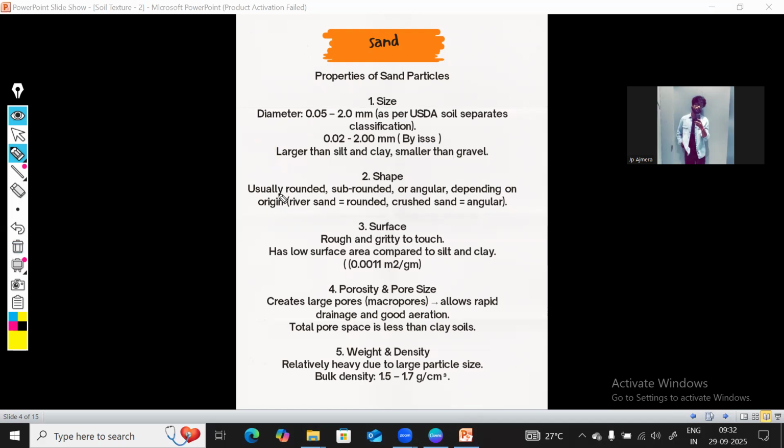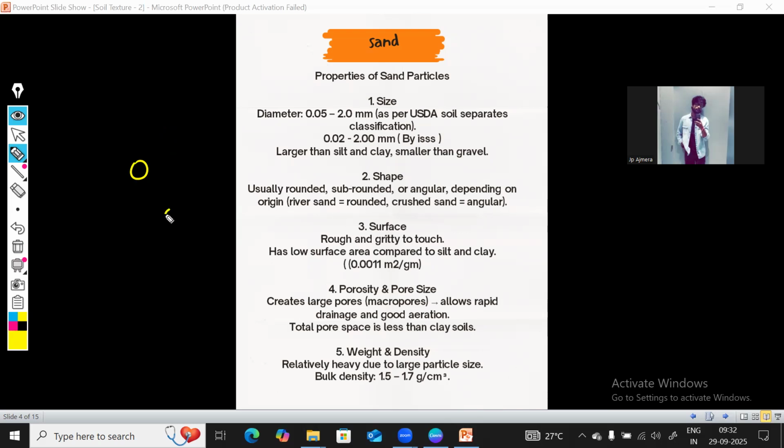Then shape: usually rounded. Just when sand comes to mind, remember the Goa beach. You can remember the beach, there are lots of sand. You have seen it in so many pictures, so many videos. So there is the sand, rounded in shape or sub-rounded. What is sub-rounded or angular?